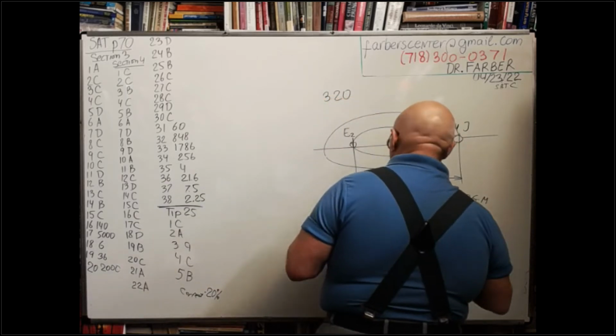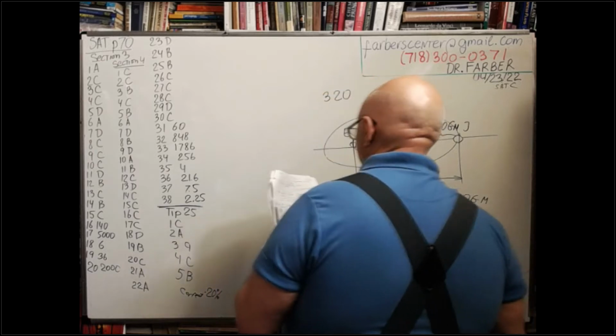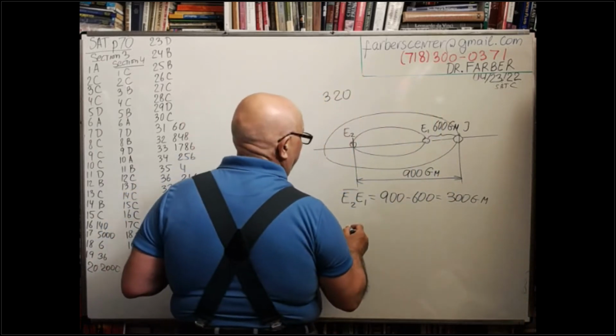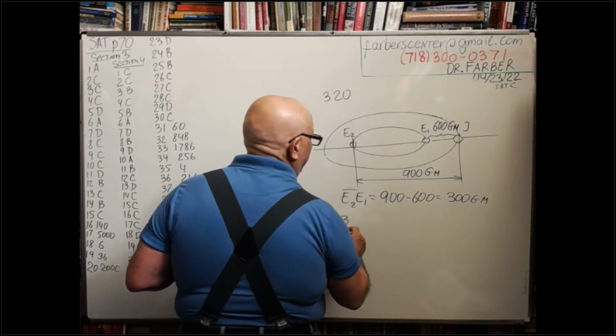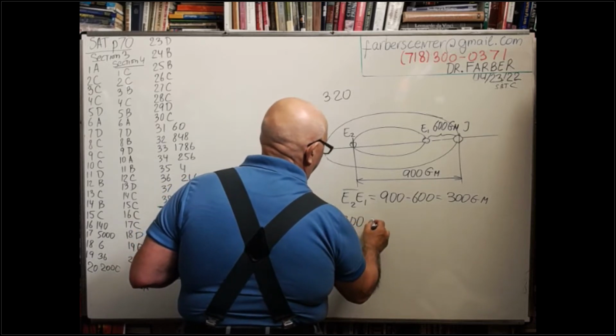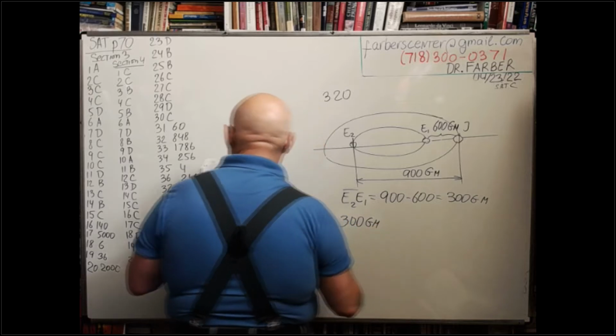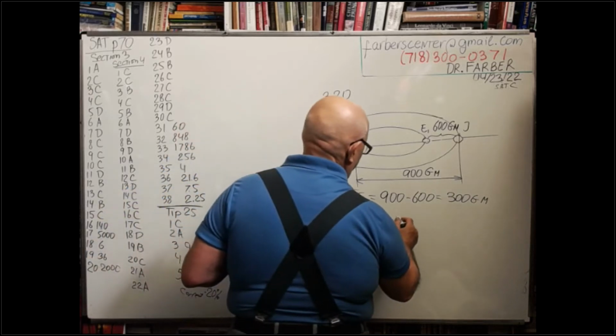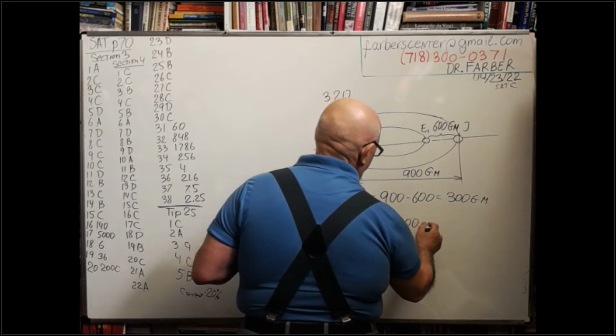Look at this next, what they provided. He measured this 300 gigameters, and it takes 1,000 seconds to move this. 1,000 seconds is given.